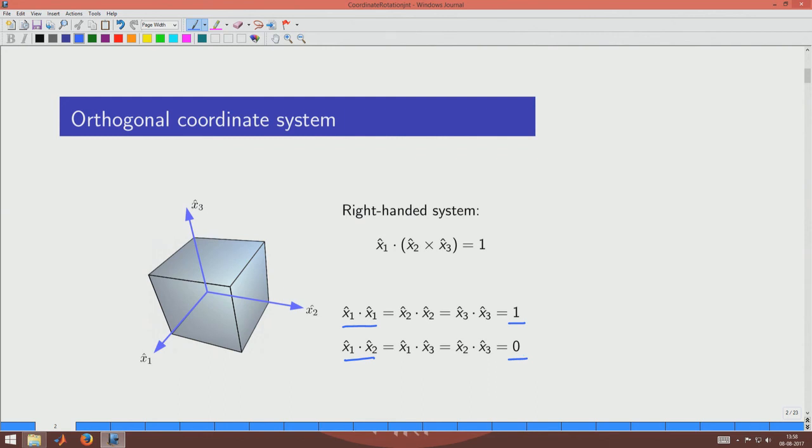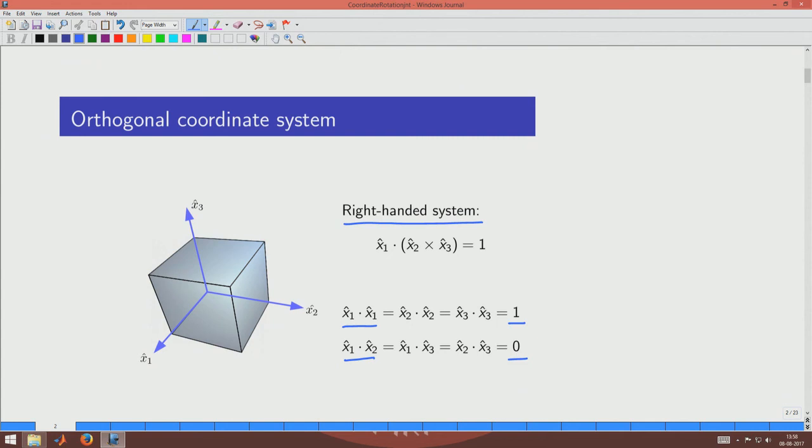We also have another aspect that is embedded in this particular system, namely the so called right handed system. We could choose the coordinate system to be either right handed or left handed. What we mean by right handed system is that if we take a cross product of x1 and x2 and then dot that with x3, we should get 1.